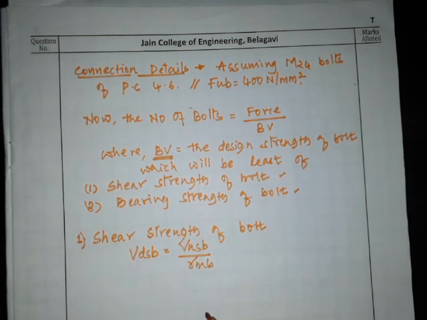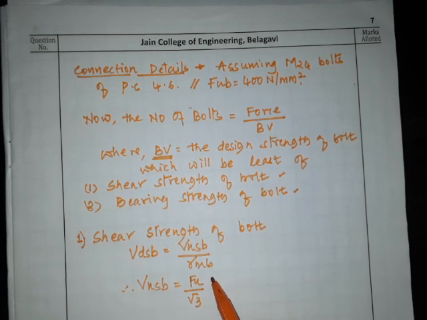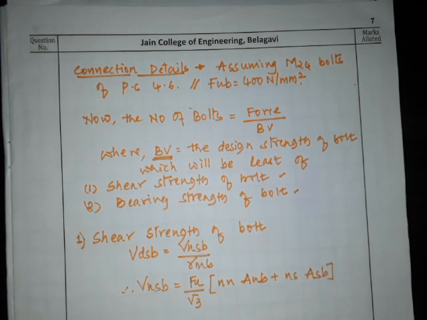These things you all learned in last semester. VNSB is given by FU by root 3 into bracket of NN into ANB plus NS into ASB.